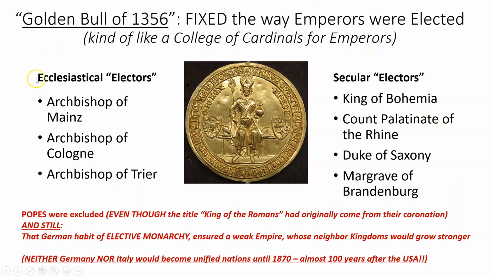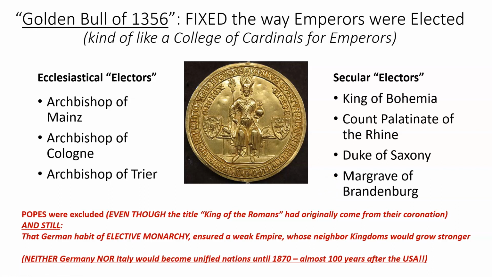That three of them would come from the church: Archbishop of Mainz, Cologne, and Trier, and four of them would be secular rulers: the King of Bohemia, the Count Palatinate of the Rhine, Duke of Saxony, and the Margrave of Brandenburg. Right? Now, notice, popes have been excluded here, right?